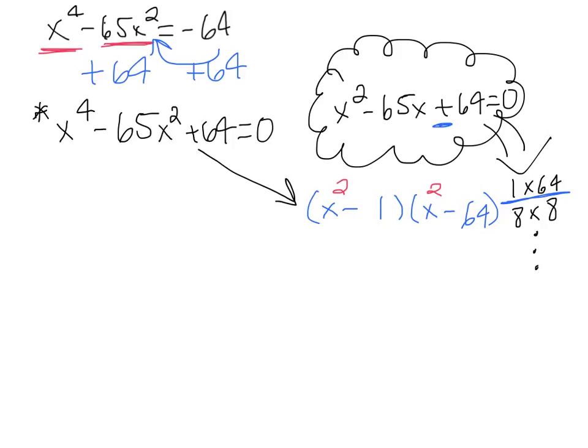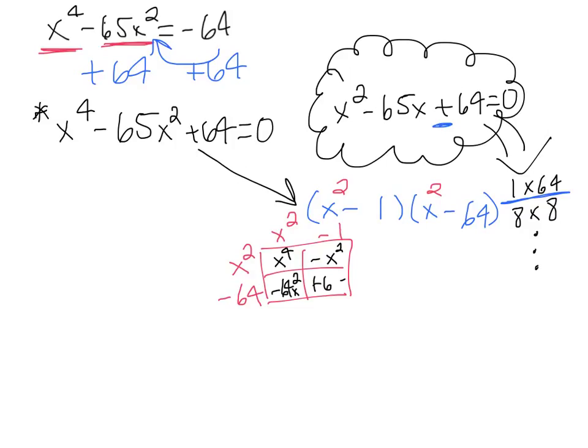So I'm going to make my little box. I like using the box method over FOIL. You'll see why someday. I have x squared minus 1 across the top and x squared minus 64 along the left column. I get x to the fourth minus 1x squared, minus 64x squared, and then plus 64.